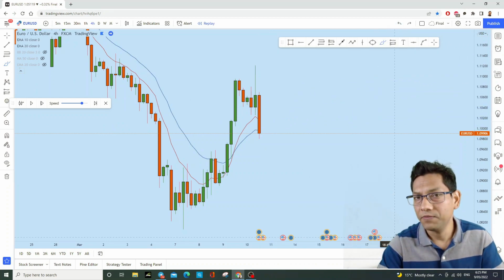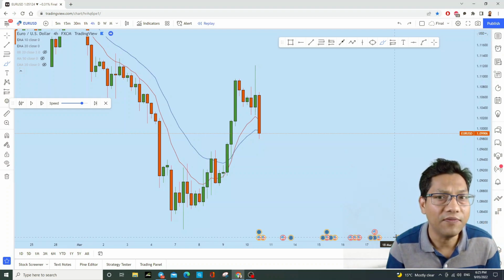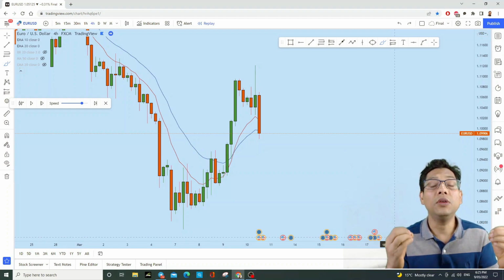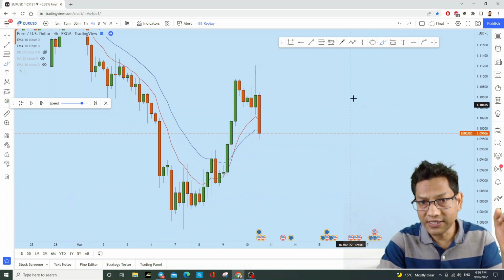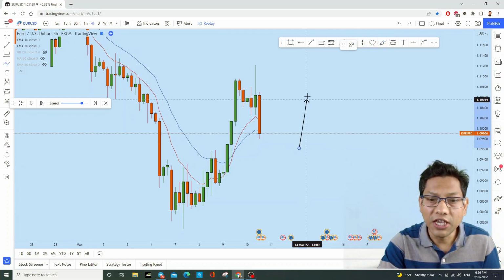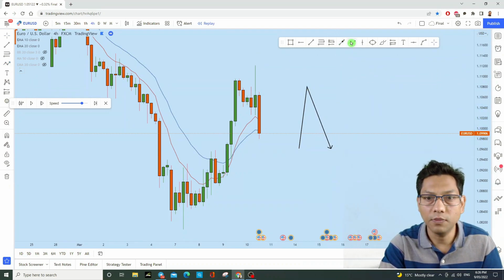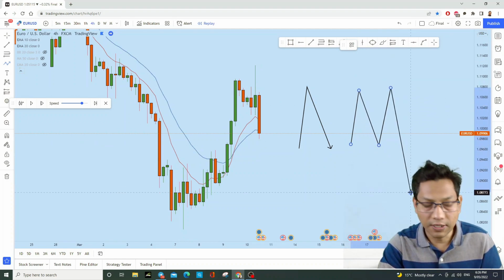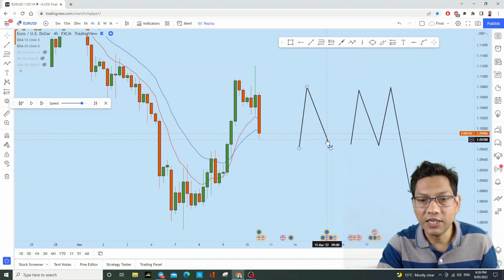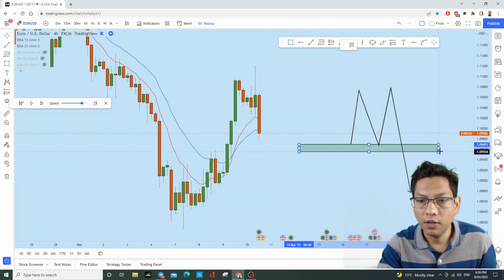So that's why the first thing you need to find out in this double top, it's a reversal trade, is where will be your area of value. To do that, as I told you before, when you see a double top, let me draw this double top. When you see a double top and the price broke down, this is the location that you need to look for the possible area of value.